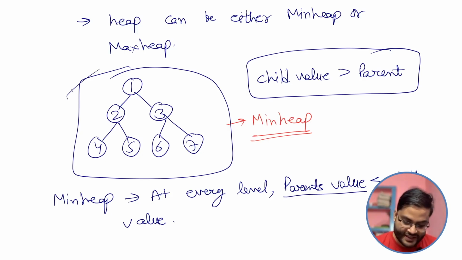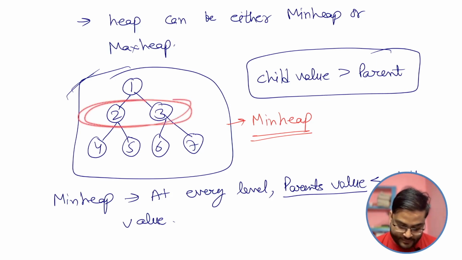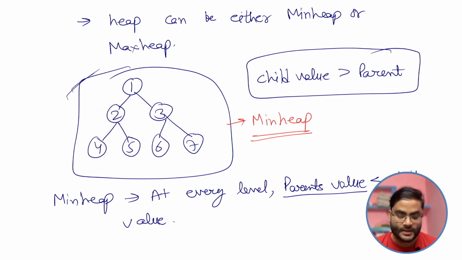So in this tree, we have seen that at every level, starting from the root level, at the second level, the parent value is less than the child value. Okay, so come to this level. At this level, 2 is less than 4, 2 is less than 5. 3 is less than 6, 3 is less than 7.